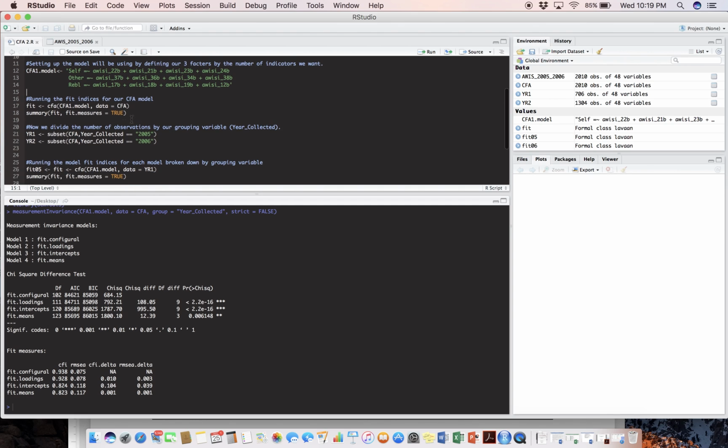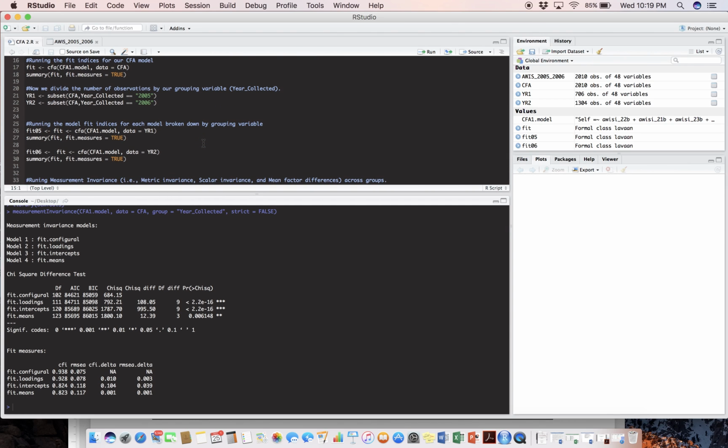All right, so now we've run our first model. This bit of code here is breaking out our grouping variable. So basically, we're creating an individual CFA for group 1 and a CFA for group 2, essentially a subset.